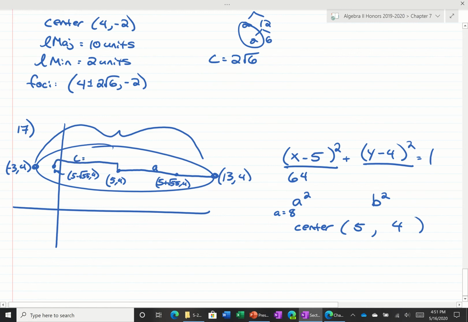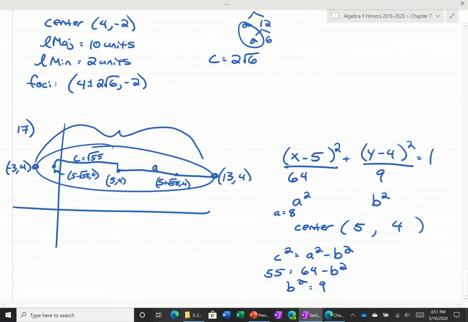It looks like that's 5 minus root 55. So root 55 would be c. And then to figure out what b is, c squared would be a squared minus b squared, so root 55 squared is equal to 64 minus b squared, and b squared would be 9. So that would be our equation.